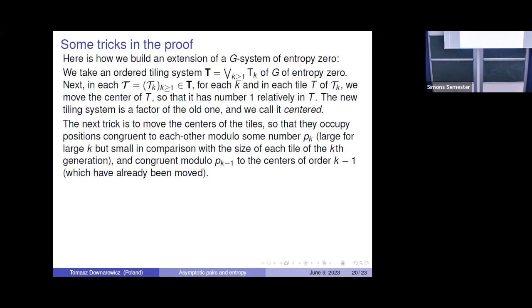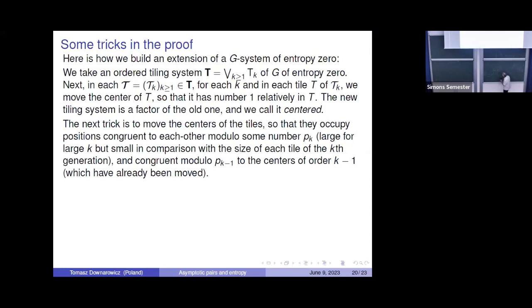We want all the centers to be congruent in the order modulo some p_k. We first fix some sequence of p_k's, like in the odometer. Each p_k must divide p_{k+1}. And if I want to do here, I will put 1, 2, 3, 4, 5, 6, 7.